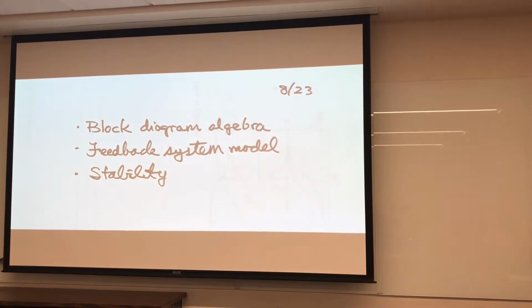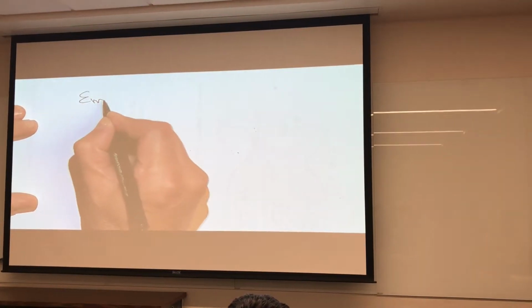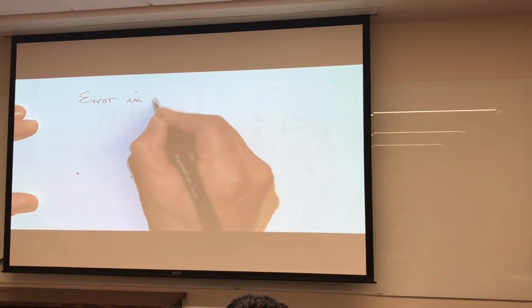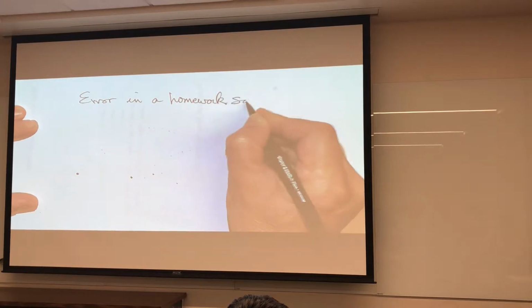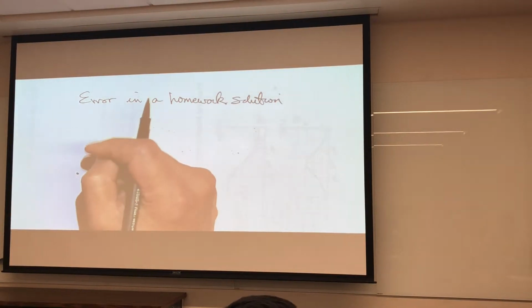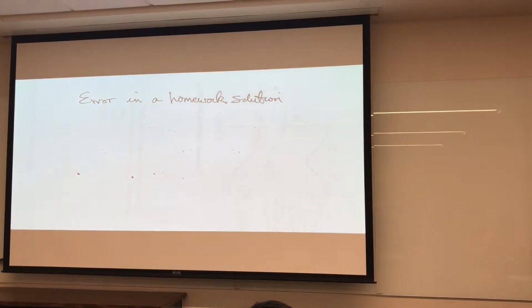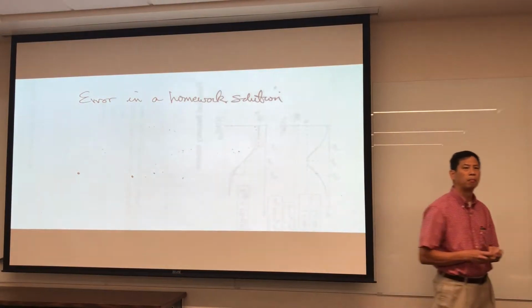Before I do that, I want to make an administrative note. One of the first homeworks was asking you to derive some transfer functions, and I think one of them was a circuit problem.